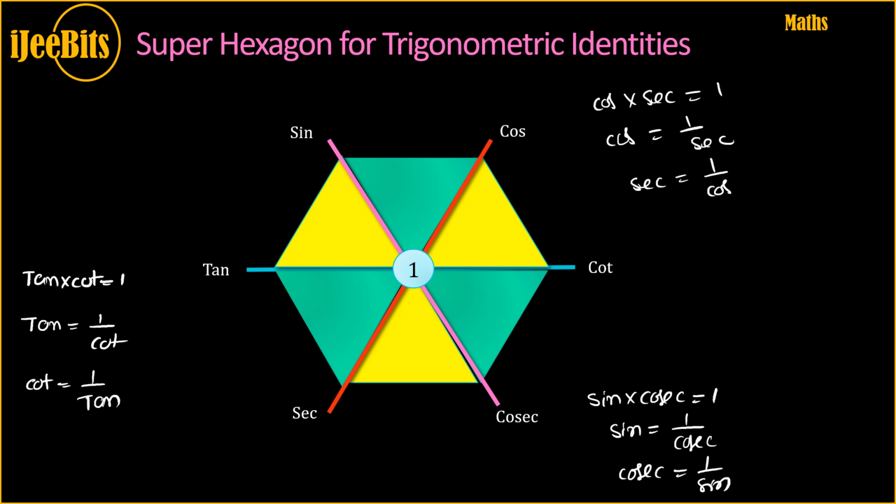The relationships are quite simple and easy if we follow this rule. So tan and cot are complementary, sine and cosecant are complementary, secant and cos are also complementary. Let's see another technique.